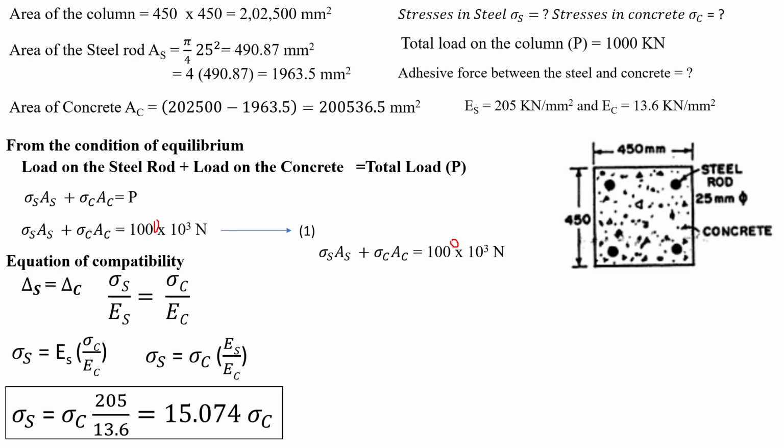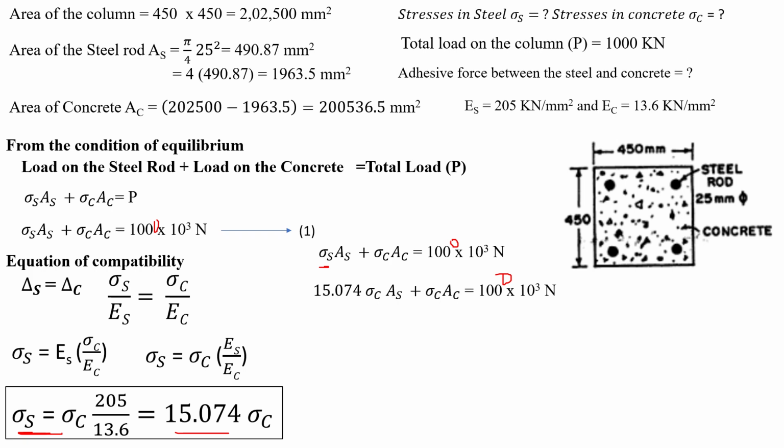So here substitute sigma S equal to 15.074 sigma C. Then it will become 15.074 sigma C AS plus sigma C AC equal to 1000 into 10 to the power 3 Newton.